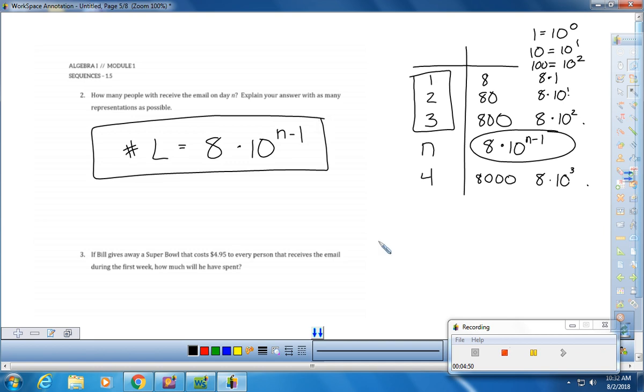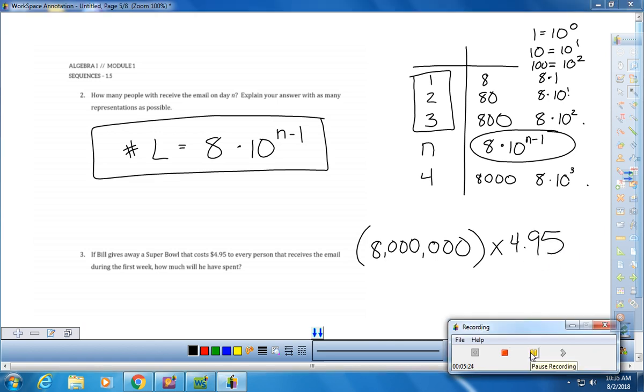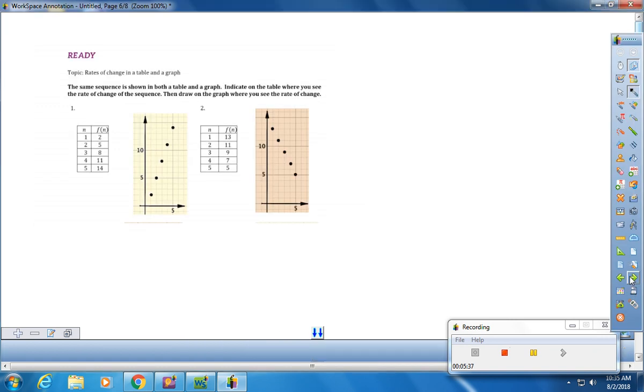Well, that's going to be 8 million people times $4.95, and that's going to be $39,600,000 worth of free ice cream. It's a lot of ice cream.